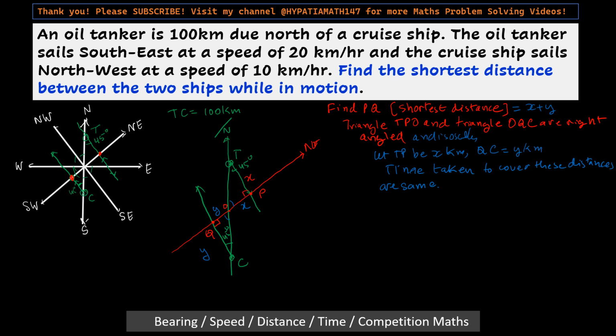So we know TC is 100 kilometers. Being a right angle triangle, we can write x square plus x square is equal to OT square.